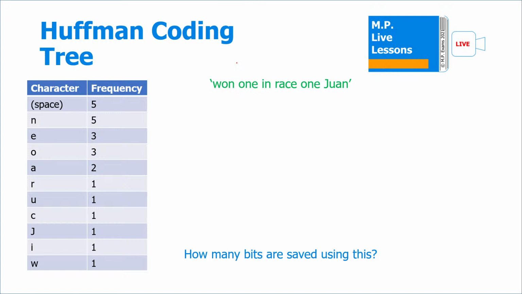Now, the way we build it is we start with the bottom two here, and we combine them to make a little larger block. So we'll combine them together. And then we'll put them again in the list as if it was any other character that had a frequency of 2.